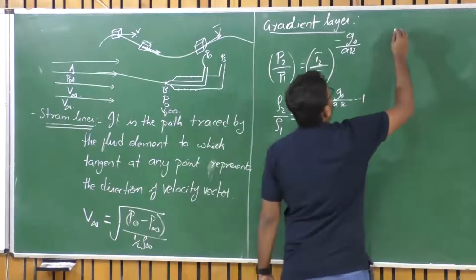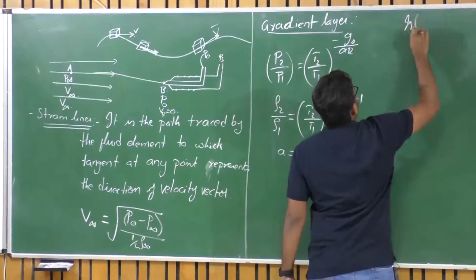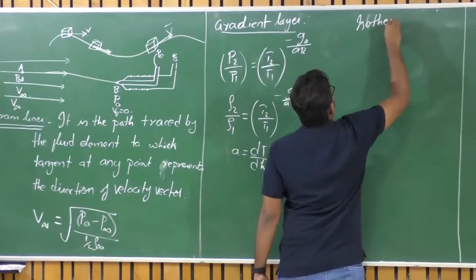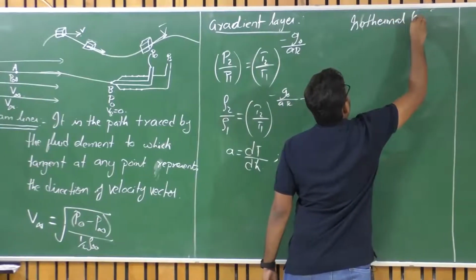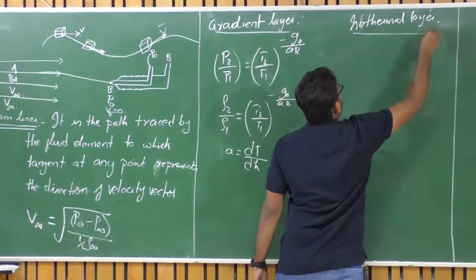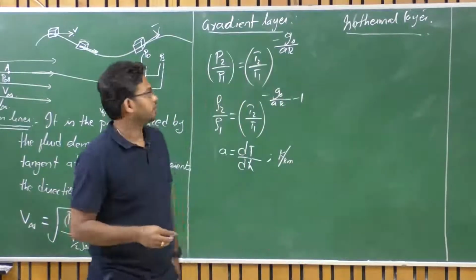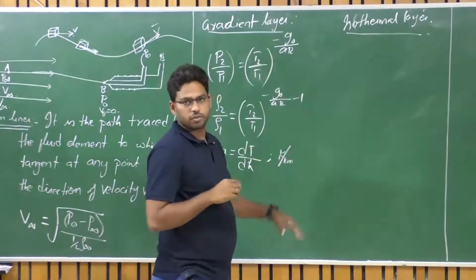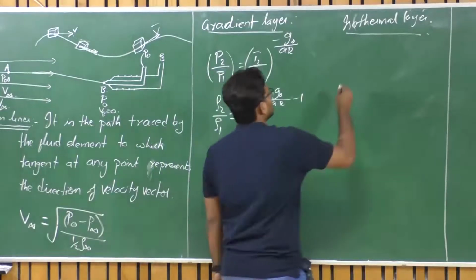And also we have come up with isothermal layer equations, where there are constant temperature zones in which we assume the temperature remains almost constant in that particular layer.